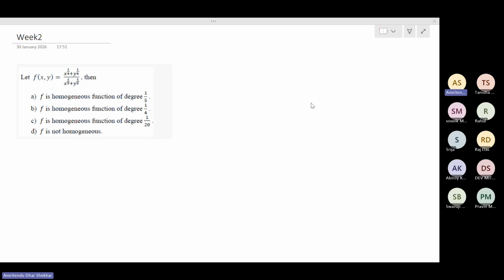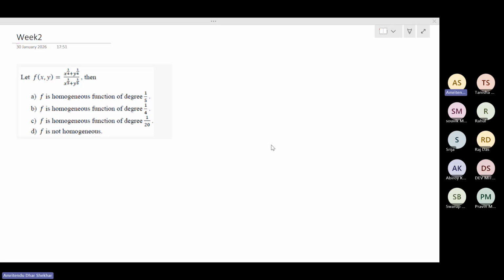Okay. Since there are no questions, let us start today's session. So we are in week two, and since week one itself, we're looking at the basics of multivariable calculus.